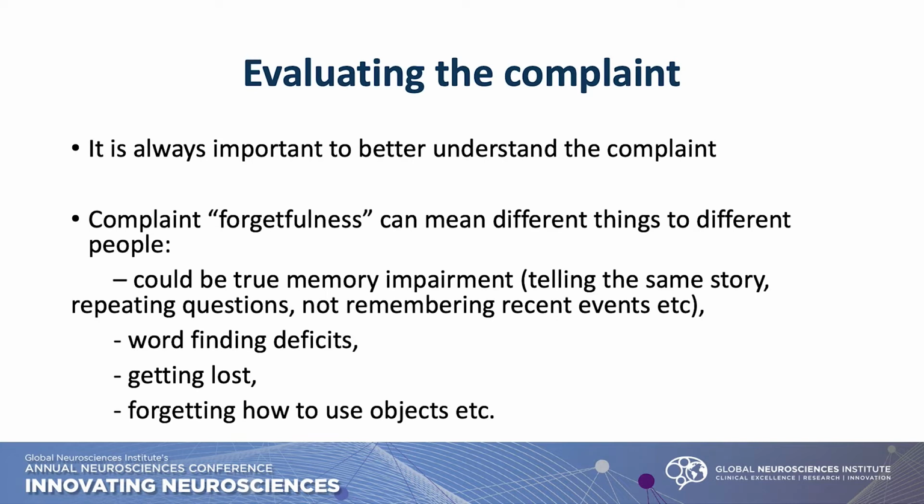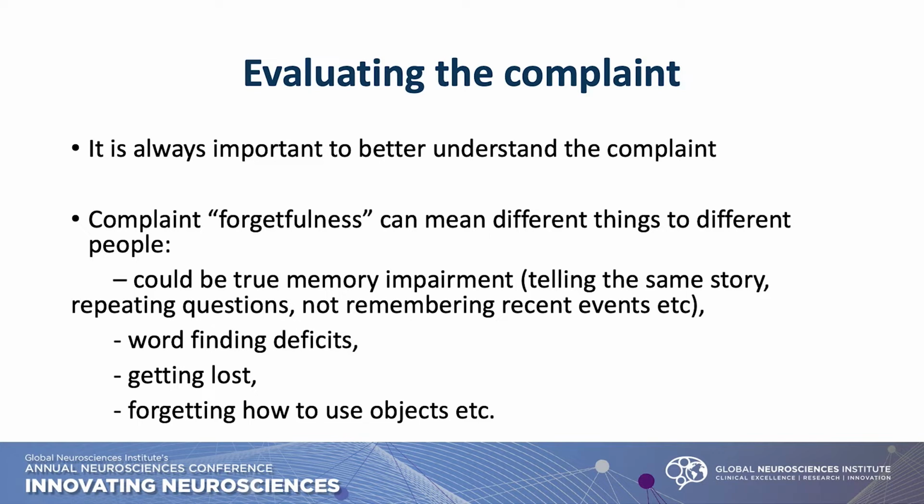It is always very important to understand the chief complaint, because different people mean different things but sometimes use the same words. For example, people present with forgetfulness. We all assume it's memory, but for different people it might mean different things. For some, it could be true memory impairment. They tell the same story or repeat questions. But for some people, it could be a word finding deficit, which is more of a language problem.